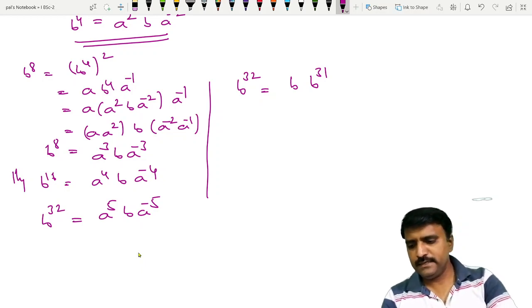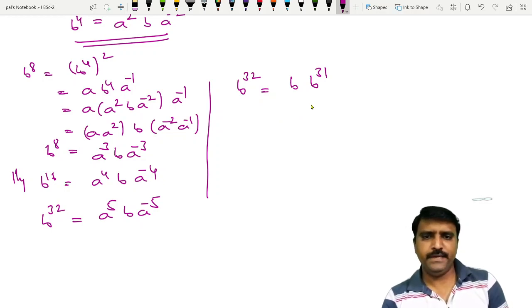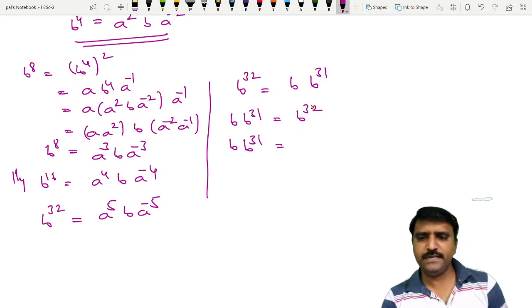So b into b to the power of 31 is equal to b to the power of 32, which is a to the power of 5 into b into a to the power minus 5.